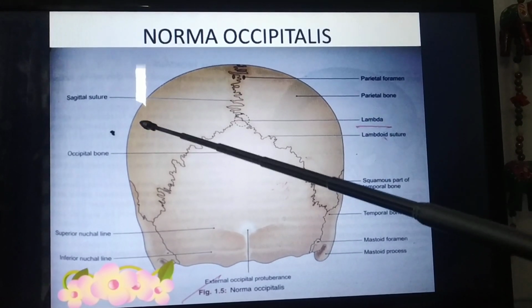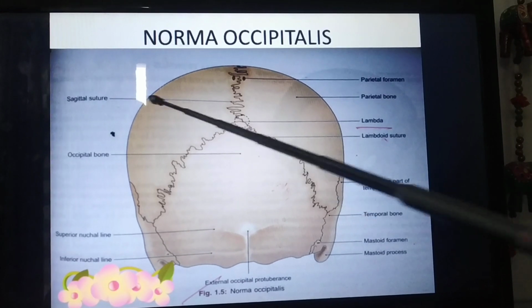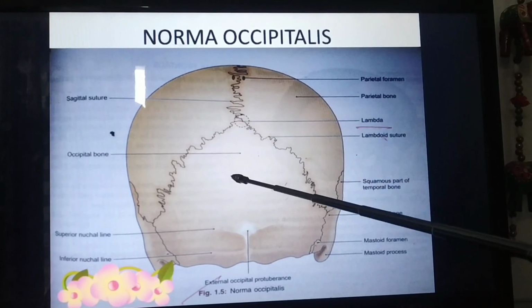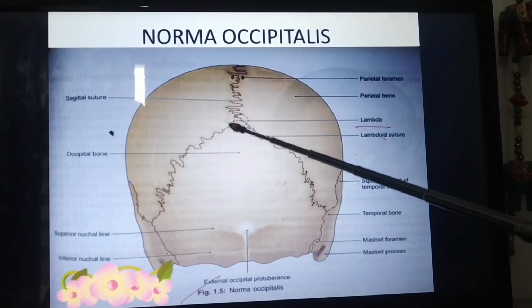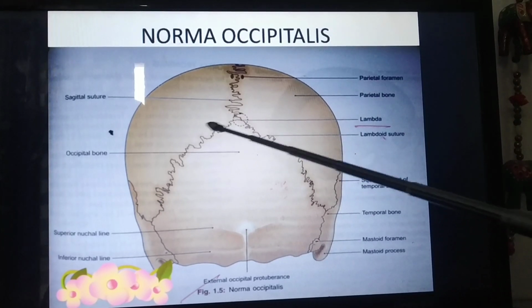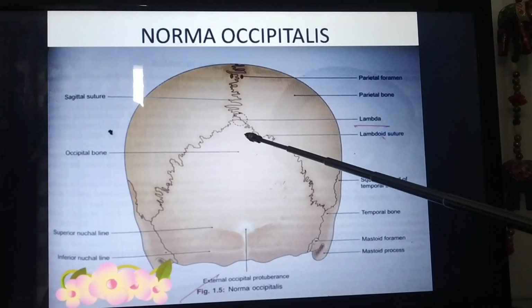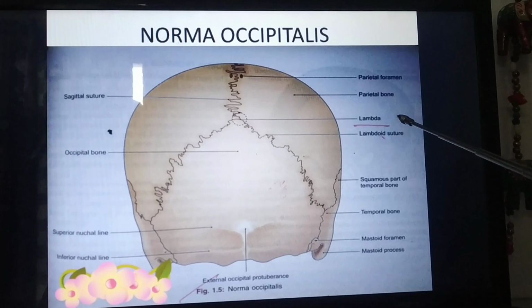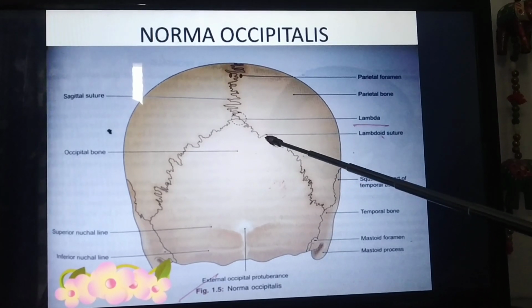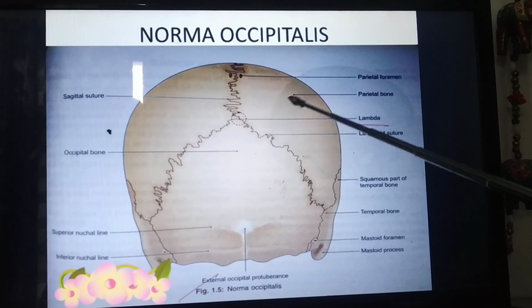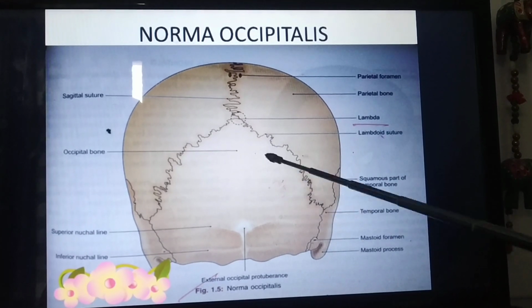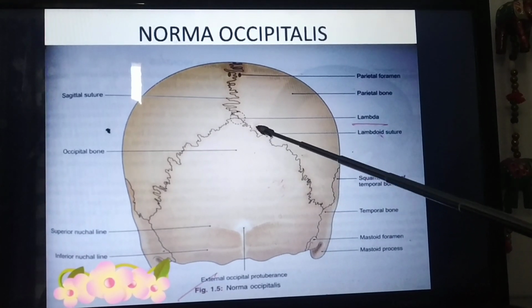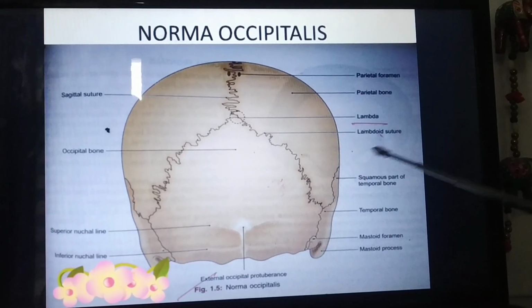They connect via the sagittal suture. Then we come down. There is the lambda. There is a connection point of three sutures called the lambda. The lambdoid suture is this. This is the parietal bone and this is the occipital bone. It's combined with that via the lambdoid suture.